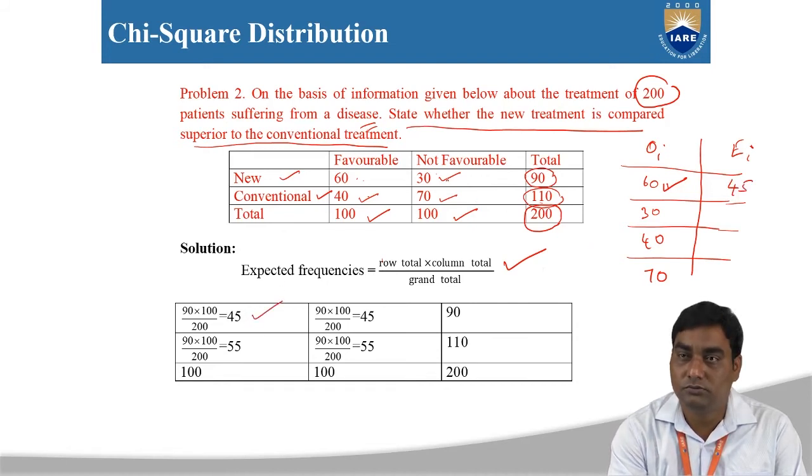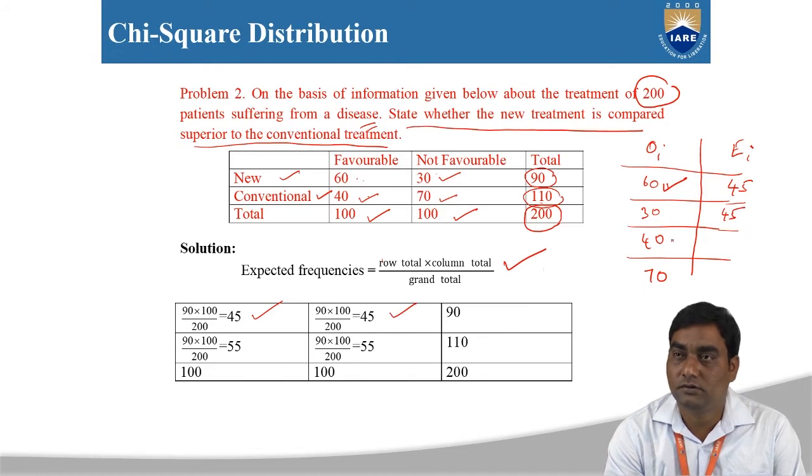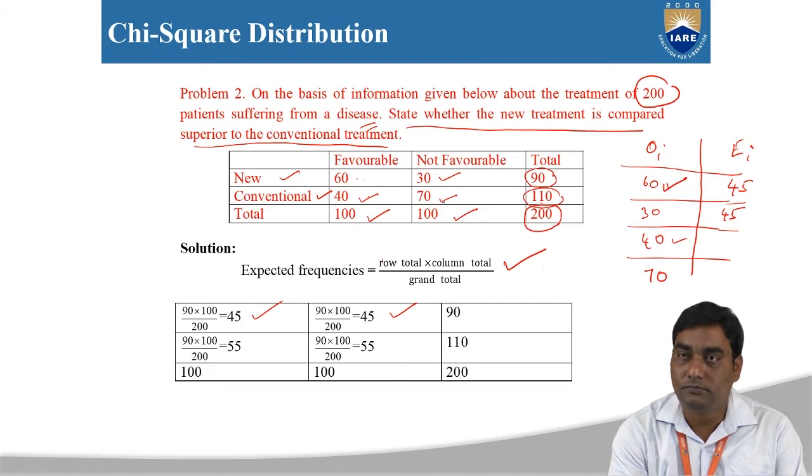Now coming to 30, I want to find the expected frequency corresponding to the observed frequency 30: corresponding row total 90 into corresponding column total 100 by grand total, which is also 45. Now coming to 40, corresponding row total 110 by corresponding column total 100. 110 into 100 by 200 is 55.